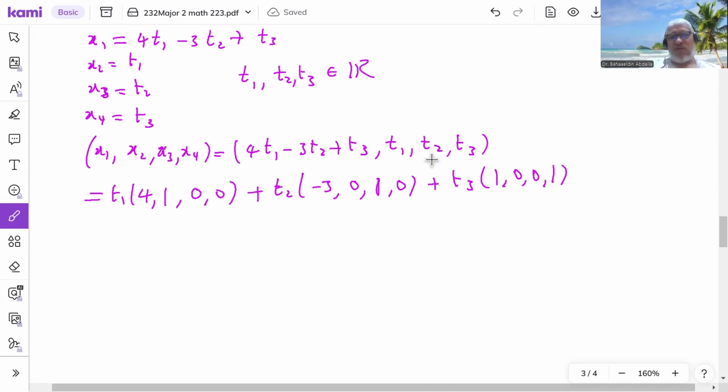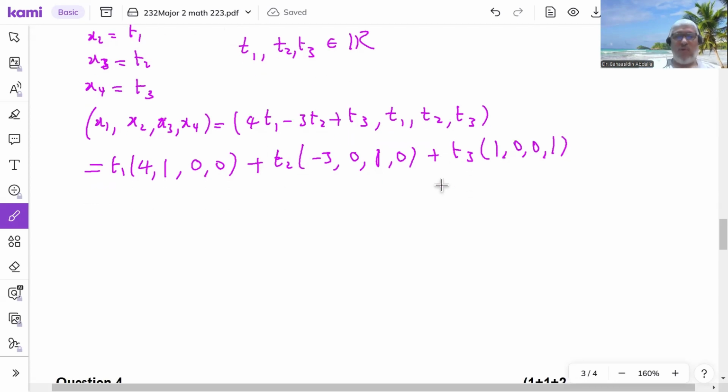By writing the vector in this way, we find the basis, because you can see here that any point in the solution space is written in this form. So we can write it as a linear combination of these three vectors. This means that these three vectors span the solution space. So they are the required basis.